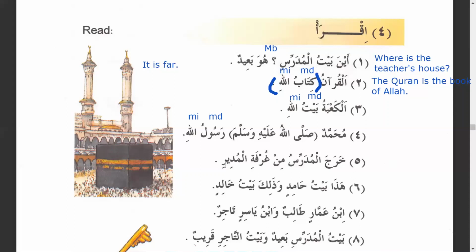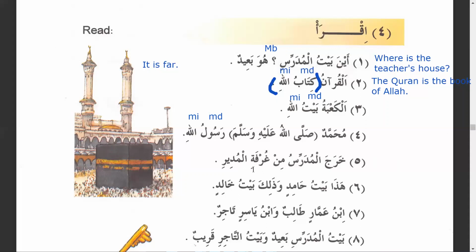You can say office or room. So the teacher left the principal's room. Alhamdulillah. Do you see the Idafa combination in this sentence? Ghurfatil Mudiri. Excellent.